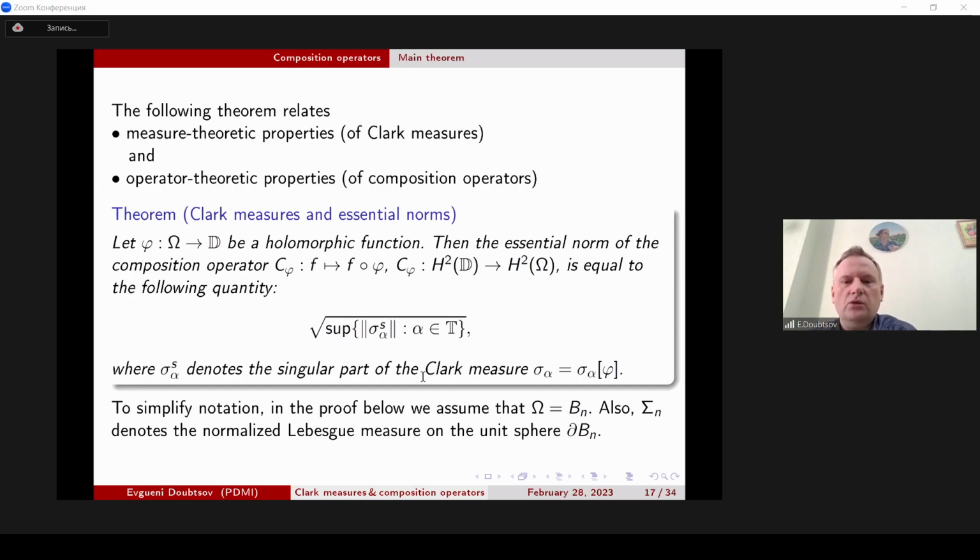Okay, so this is the main result. In dimension 1, this result was obtained more than 20 years ago, but in several variables, it's relatively new. It was published in 2020.